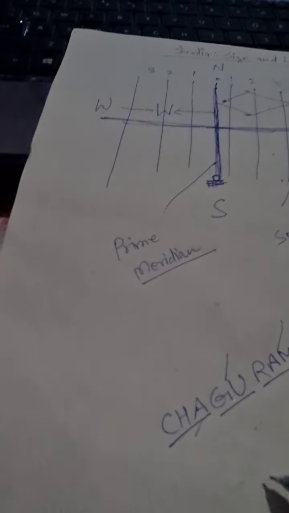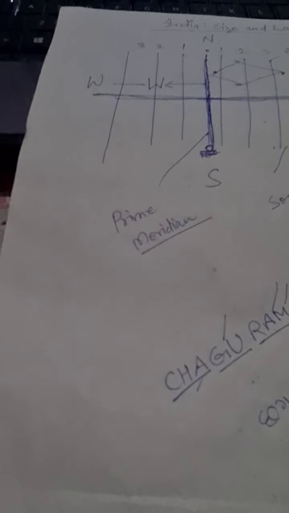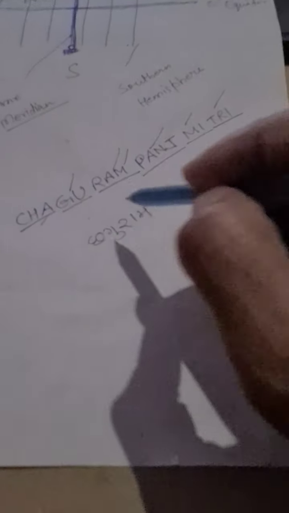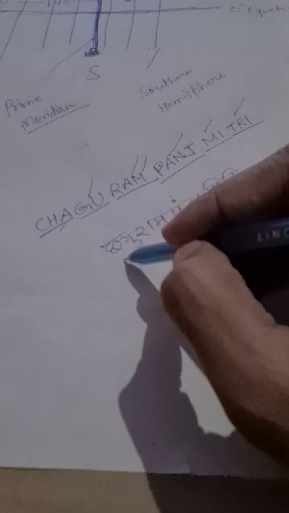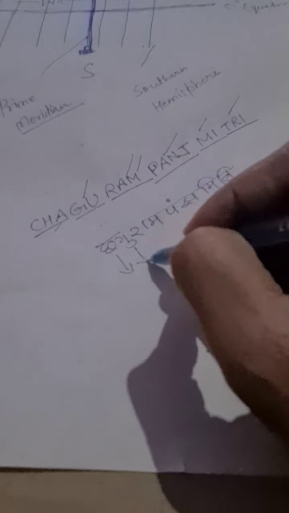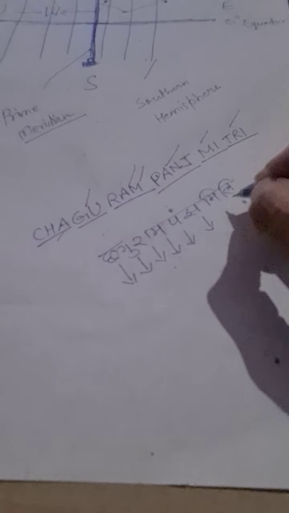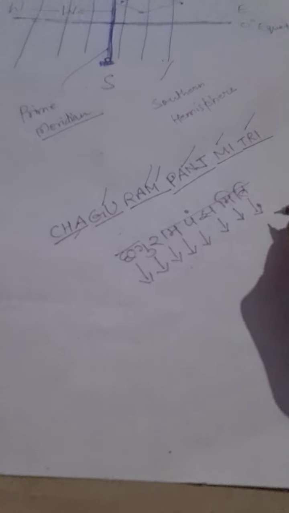If it is written in Hindi, Chagu, Ram, Panj, Mitri, then it is a better way to easily learn the names of the states through which the Tropic of Cancer passes. Cha represents Chhattisgarh, Gu represents Gujarat, Ra represents Rajasthan, Ma represents Madhya Pradesh, Panj represents Paschim Bengal, Jha represents Jharkhand, Mi represents Mizoram, Tri represents Tripura.